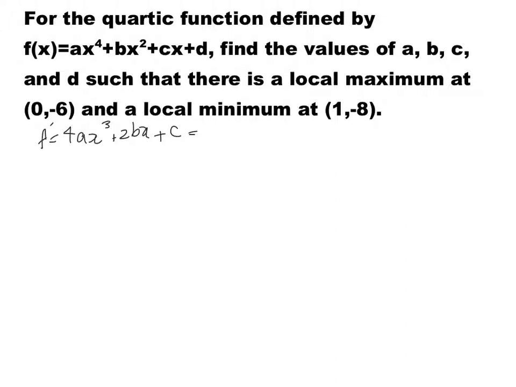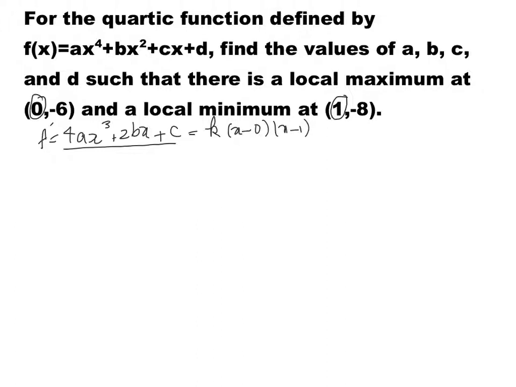Since our cubic function has a local maximum and a local minimum at x equal to 0, negative 6, and 1, negative 8, this cubic function can be written as a constant, let's call it k, times x minus 0, because 0 is one of the roots of the derivative, and x equal to 1 is another one, so x minus 1.